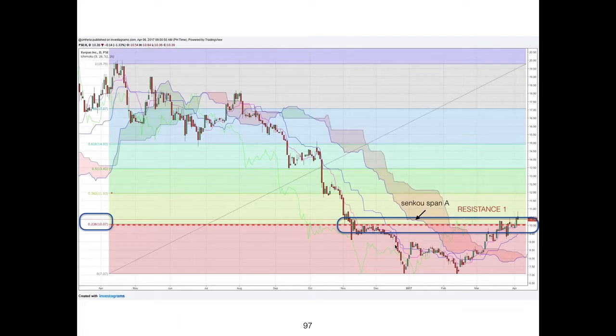It's located in the same zone, and it approximates where resistance 1 is located in the previous chart. Resistance 2 in this chart is located at 38.2% Fibonacci at 11.93. This is where we also find the Senkou B from the previous chart.